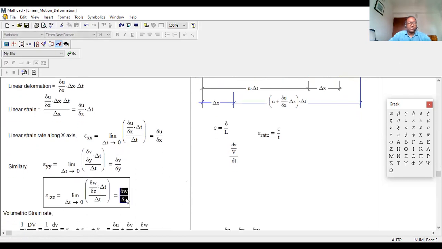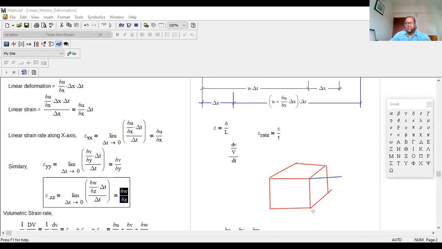Along the z-axis, this much. So this fluid element, actually it is a cube, right? Its size is increased along all axes.